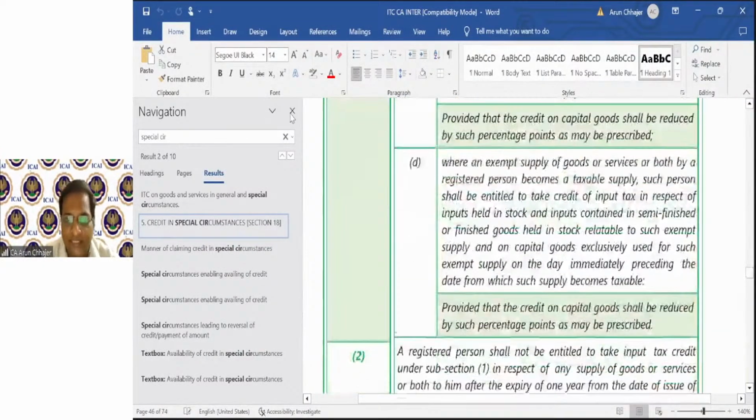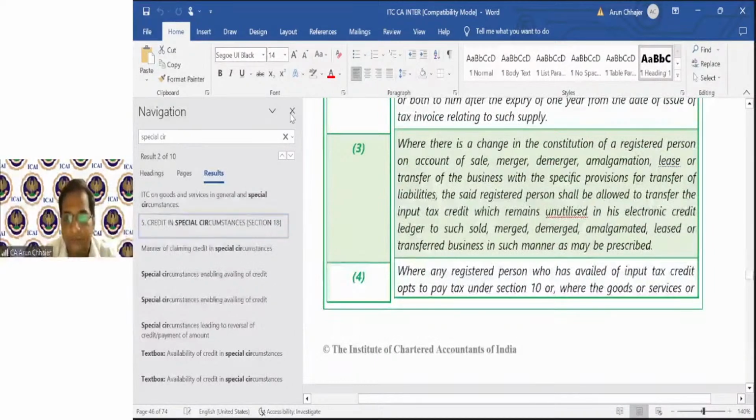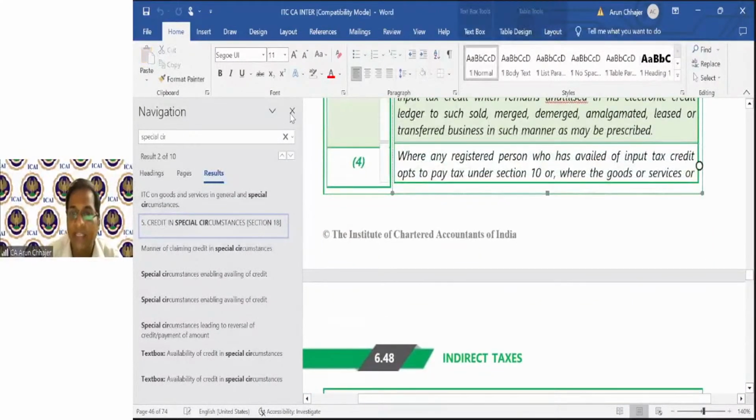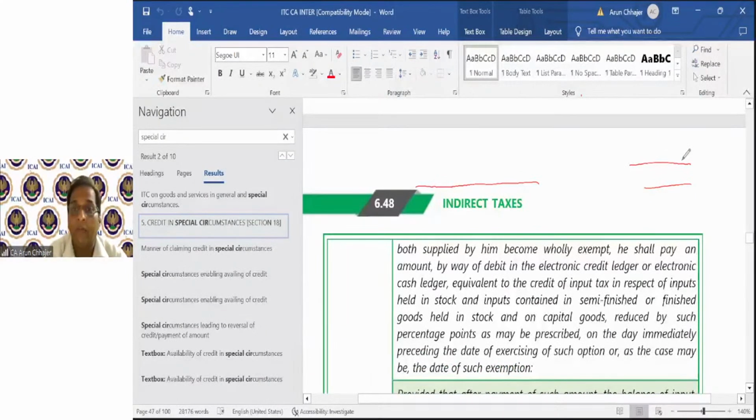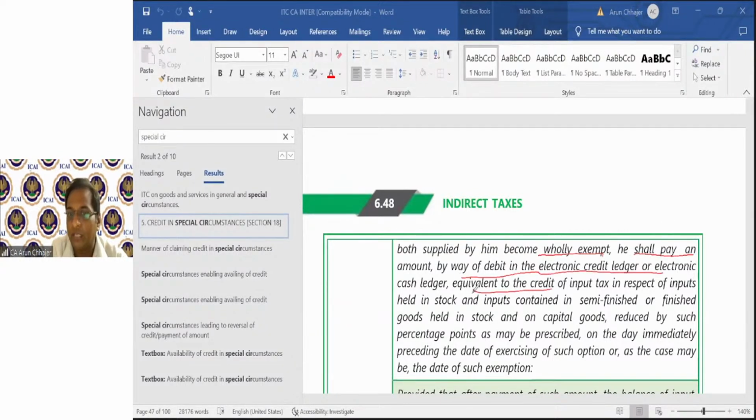So this is 18 subsection 4, where any registered person who has availed the ITC opts to pay the tax under section 10, that he has switched over to the composition, or where the goods or services become exempted, then he shall pay an amount equal to the debit in the electronic credit ledger or cash ledger equivalent to the credit of input, semi-finished or finished goods or capital goods reduced by such percentage as the case may be on the date of exemption.